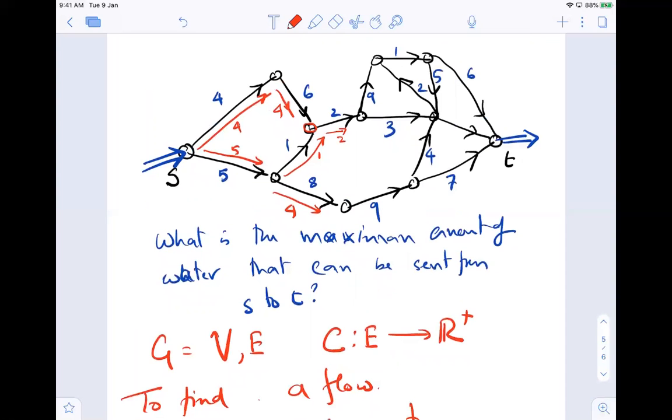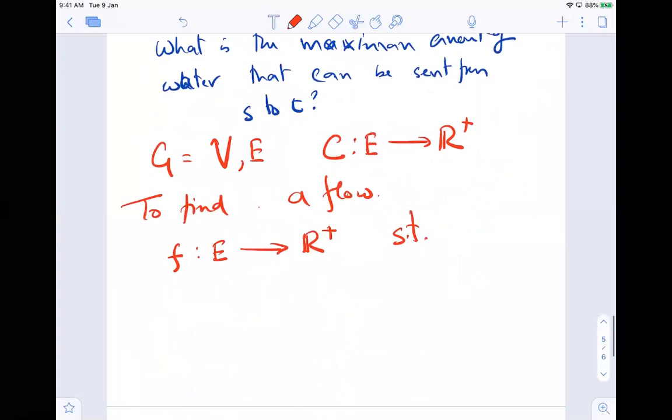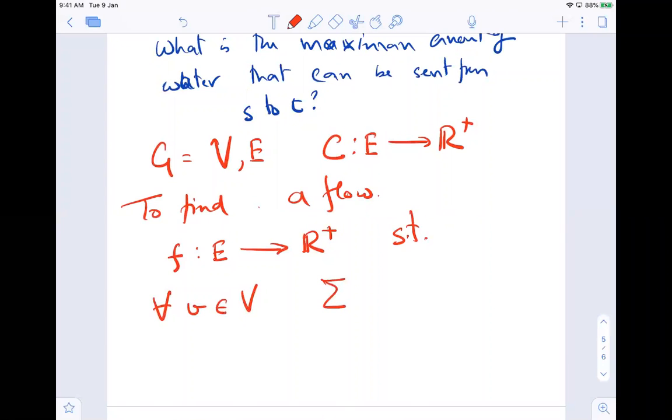Incoming flow should be the same as outgoing flow in every node. Oh, very good. So for every vertex in V, the total amount coming in, which is the summation of f of uv, sum over u, is equal to the amount of flow going out, f of vu, sum over u.